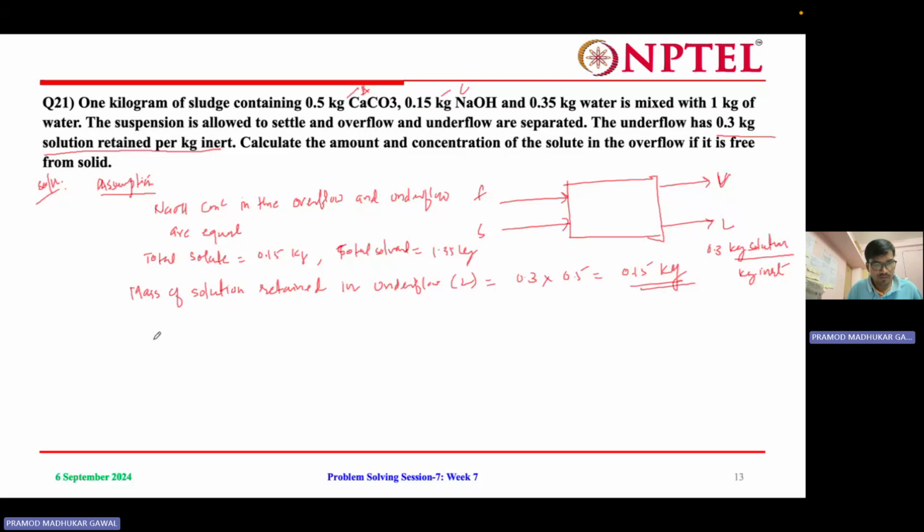Now the mass of overflow, that is V, is 1, then 0.35, this water is present in the feed, and 0.15, right?